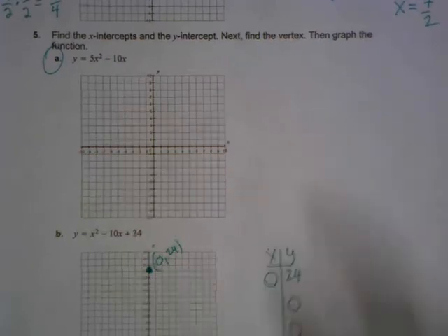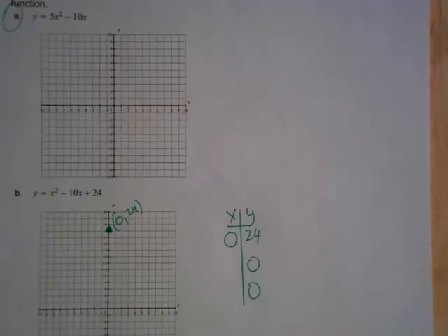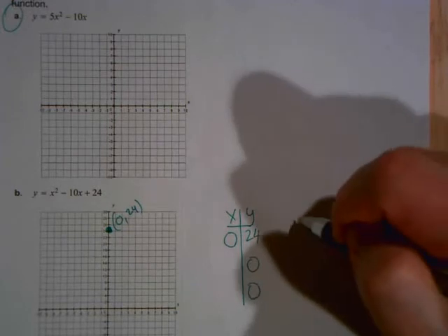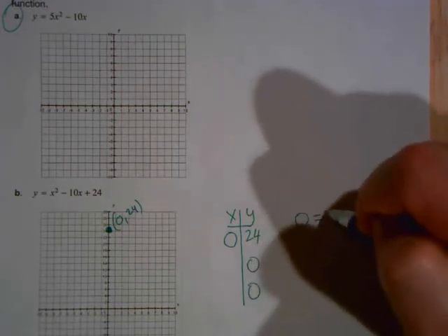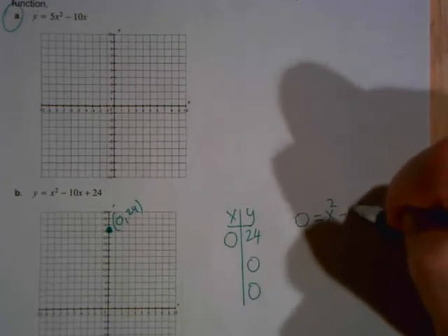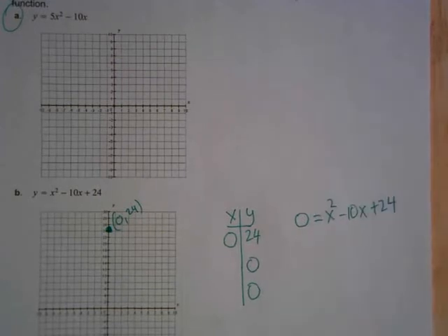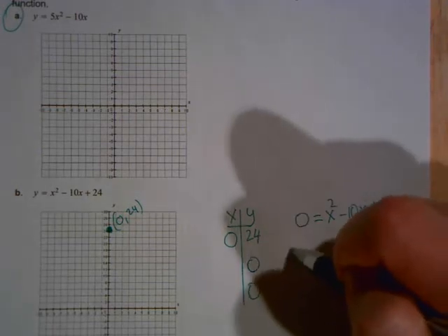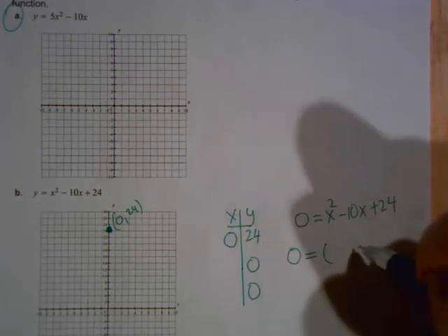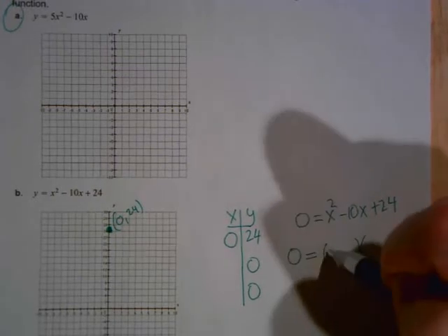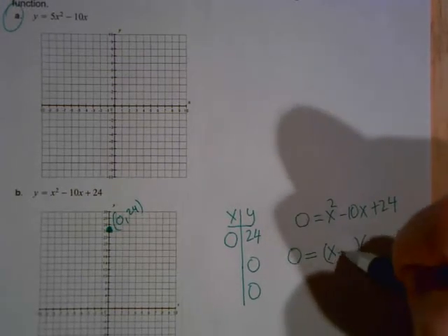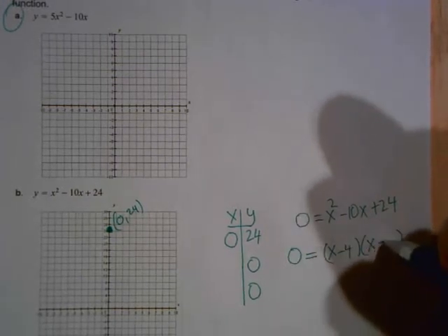All right, to find the x-intercepts, I plug 0 in for my y number. And I'm going to get two answers here, I think, because I have 0 equals x squared minus 10x plus 24. Once again, we spent a lot of time in the previous few sections learning how to solve these. We know we should factor. I factor, I get x minus 4 and x minus 6.